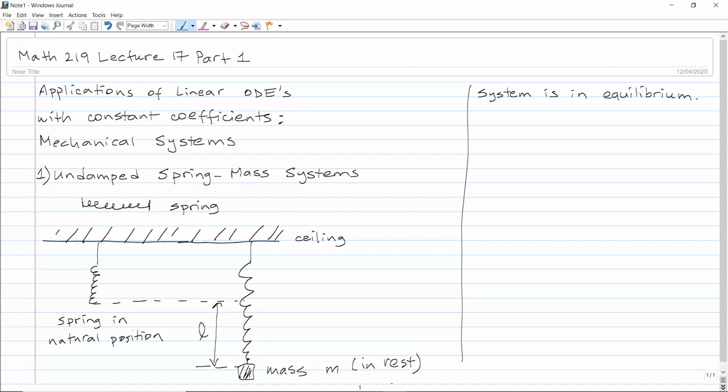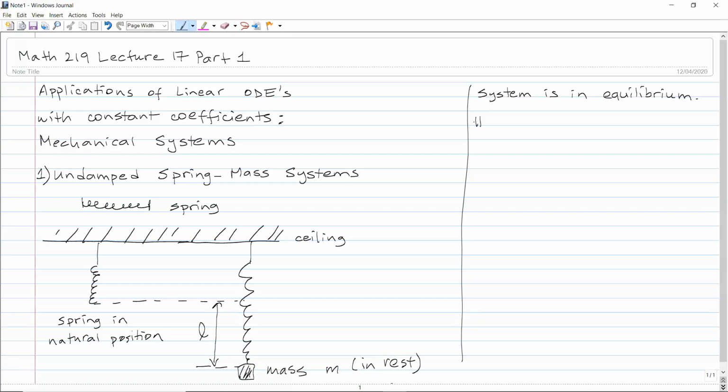In this equilibrium position, we consider the forces acting on this mass. There is the force applied by the spring in the upward direction, and there is the gravitational force on the mass in the downward direction.